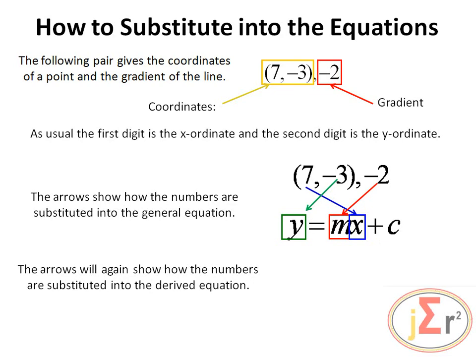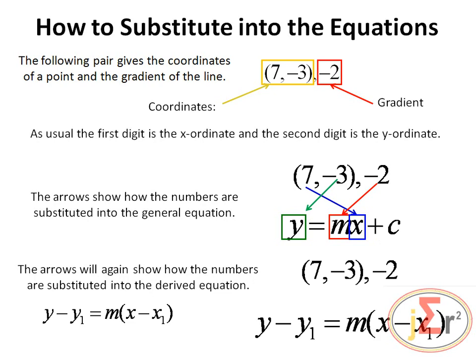The arrows will again show how the numbers are substituted into the derived equation. So we have another equation, that one. The value of y1 is this. This is our y ordinate. It is the value of y1.